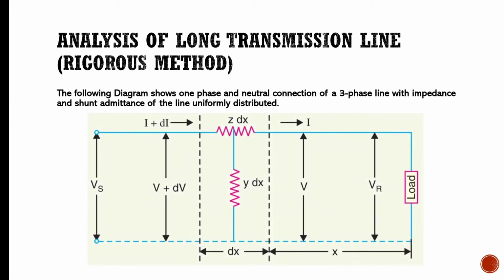In this diagram, the one phase and neutral connection of a three-phase line is shown, with the impedance and the shunt admittance of the line uniformly distributed. Here the impedance is Z, the shunt admittance is Y, VR is the voltage at the receiving end, and VS is the sending end voltage.